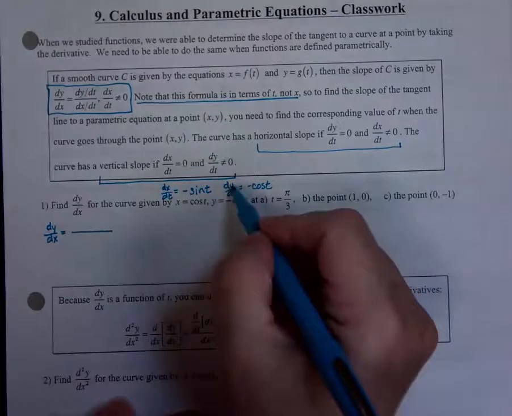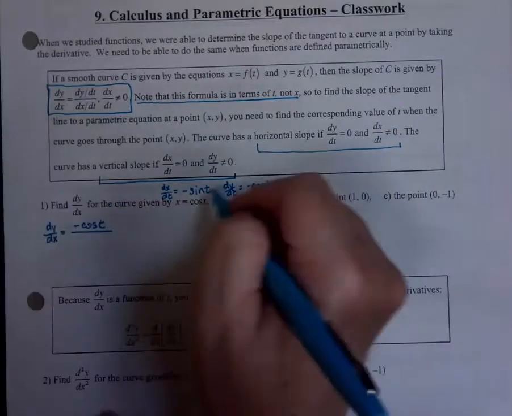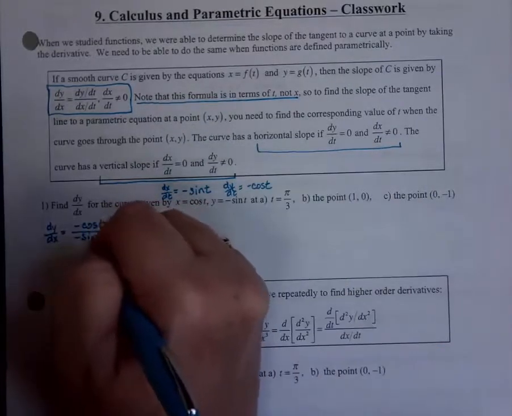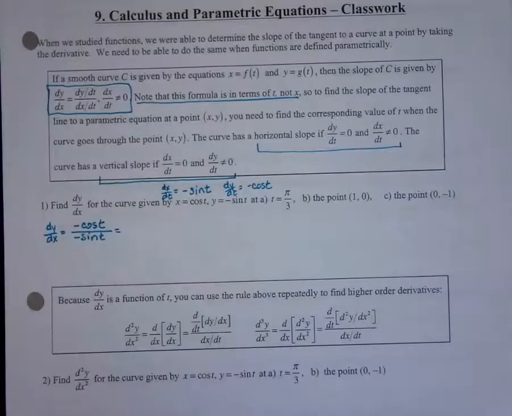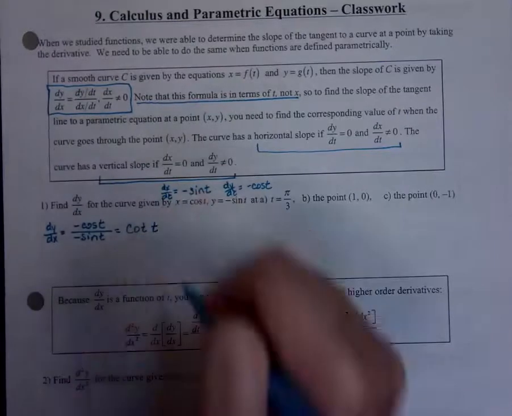So we take the dy/dt equation and put it on top. We take the dx/dt equation and put it on the bottom and clean it up. So what is negative cosine over negative sine simplify to be? Cotangent. Positive cotangent. Very good. So our derivative for this problem is cotangent of t.